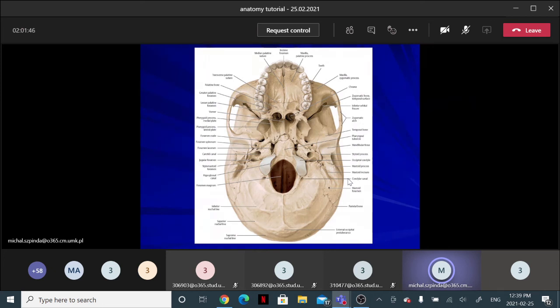Nostrils or nares are limited by soft structures, and choanae are limited by bones. Here is visible the pterygoid process with its smaller medial plate and bigger lateral plate.